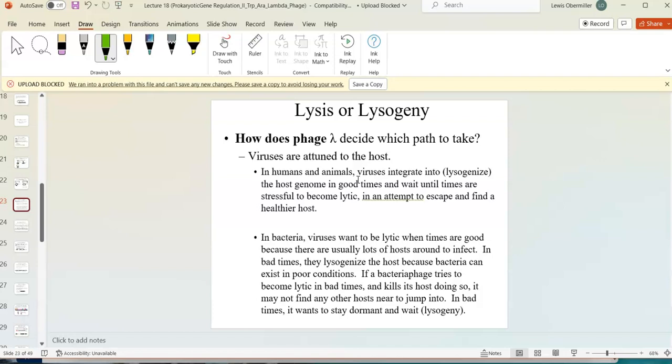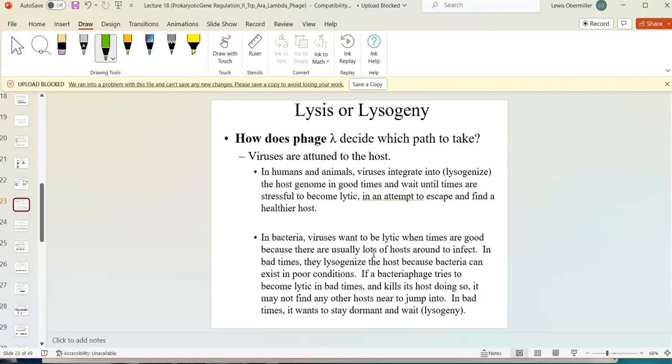But if there's a stressor, like maybe the host is sick, or it's not getting the proper nutrients, the virus basically says, "Oh well, I better jump host because this one's gonna die." But in bacteria, it's the opposite.